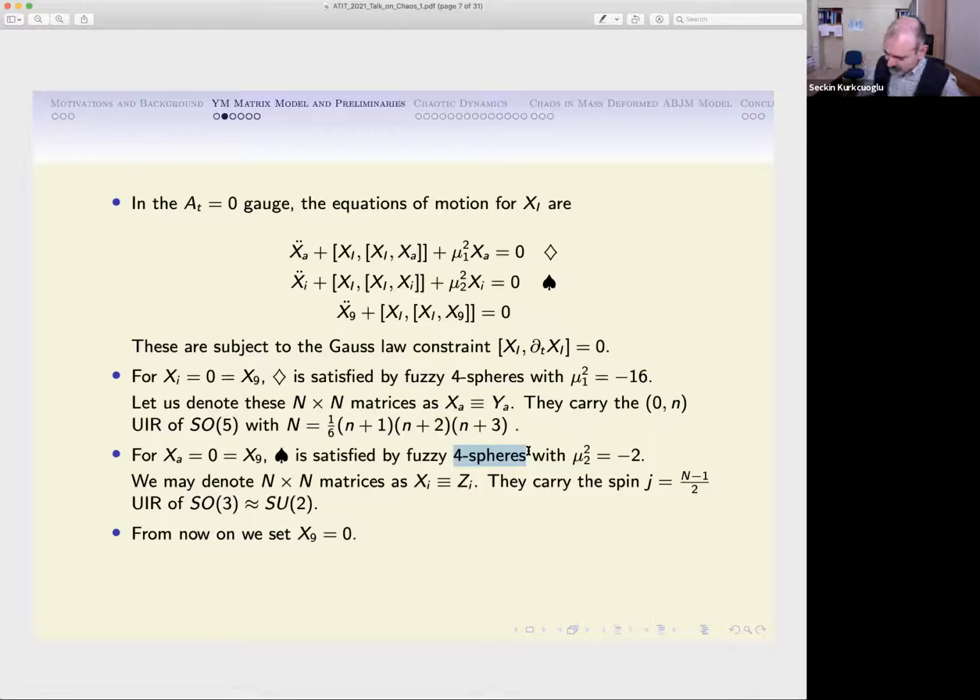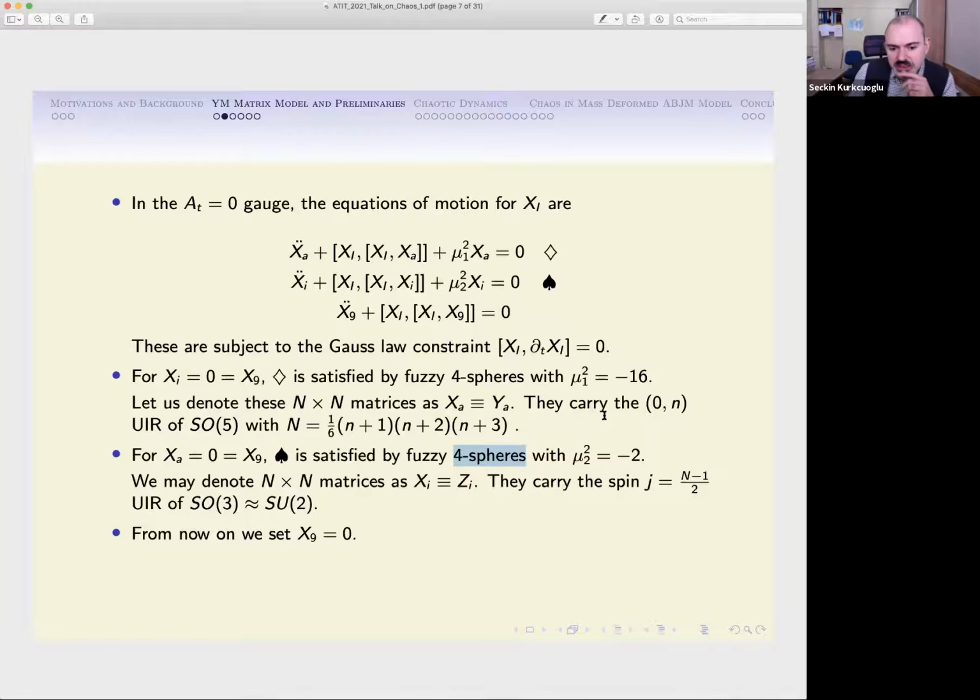Another question. In the case of fuzzy four-spheres, why do we get the irreducible representations with 0 and n, those special cases? That is because of the construction of the fuzzy four-sphere, which I haven't gone into the description of here.